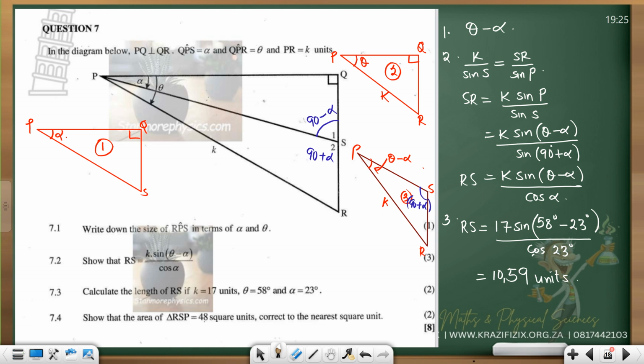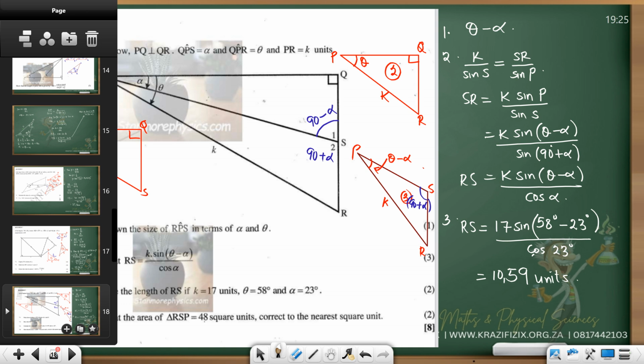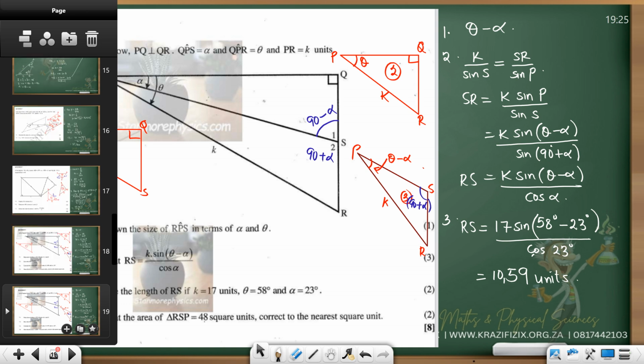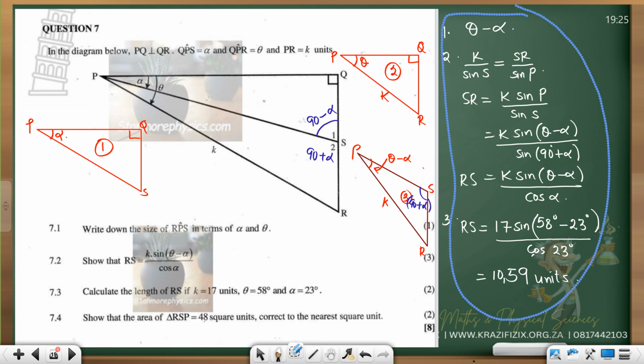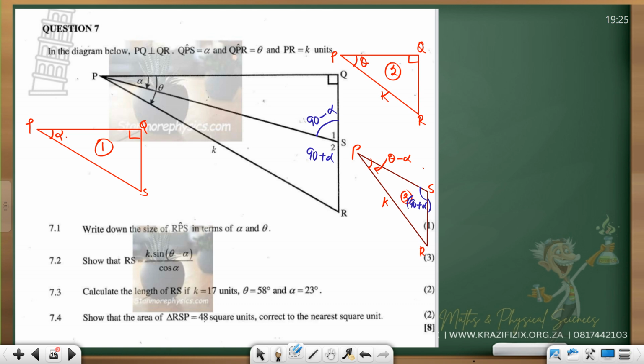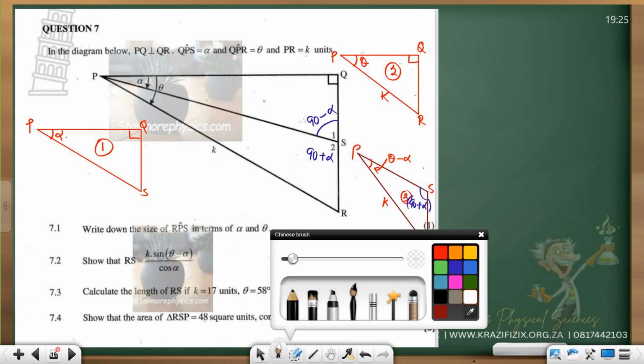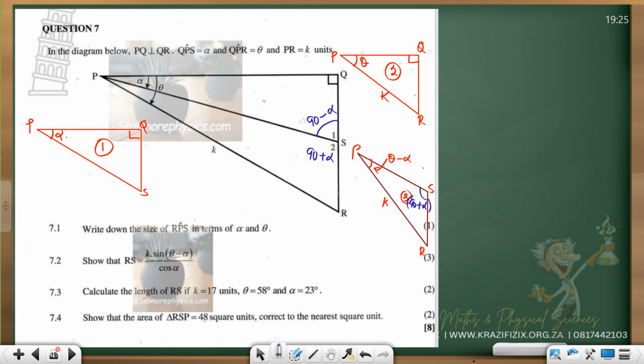Show that the area of RSP, let's duplicate this page. RSP. All right? It's an area rule. Which triangle is RSP again? Where is it?